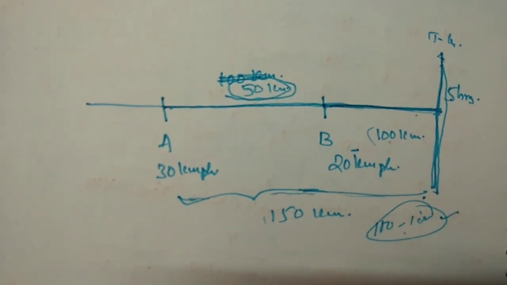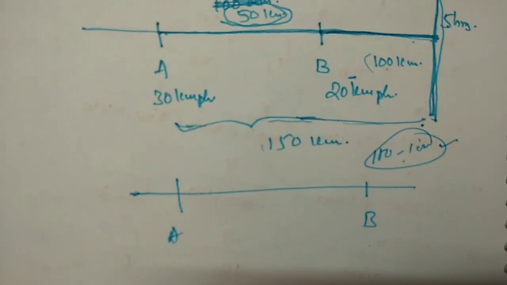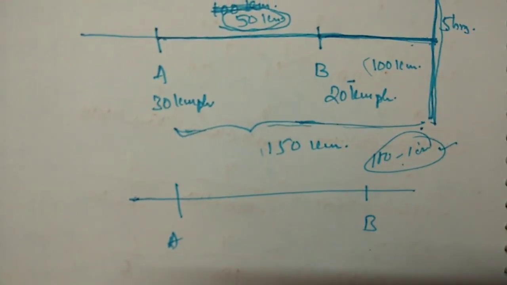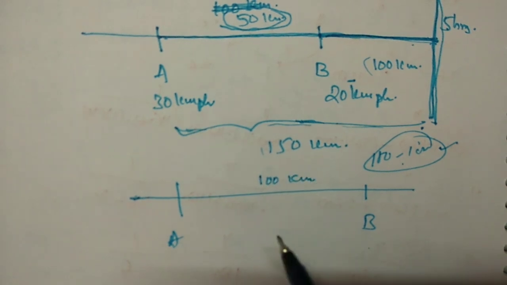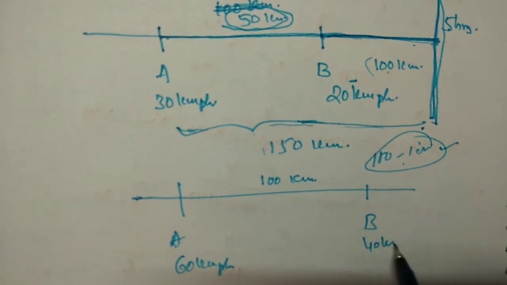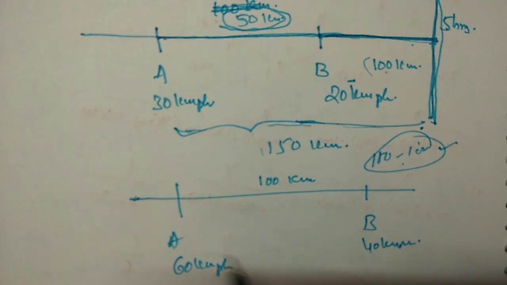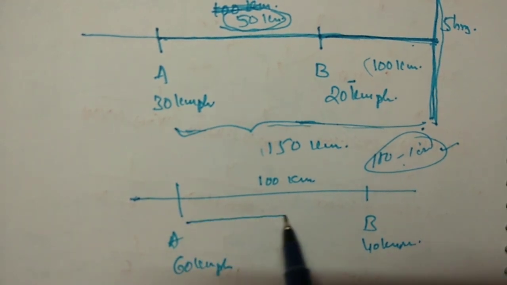In the same way, if there are 2 points A and B, and this distance is 100 kilometers, and the speed of the first car is 60 kilometers per hour, the second 40 kilometers per hour. In 1 hour, the first car can travel 60 kilometers.